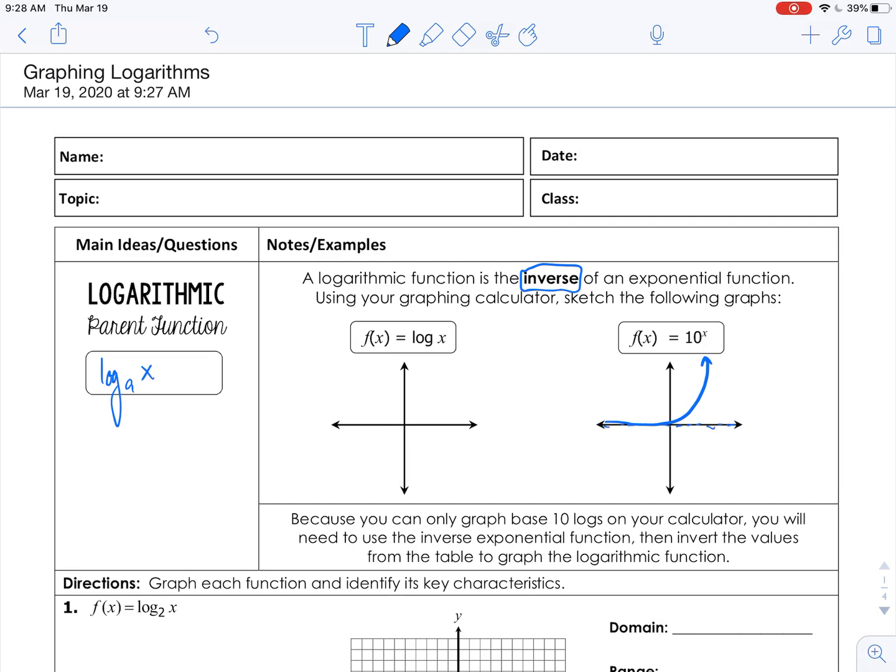Had our horizontal asymptote at 0, and if we do the log of x, that's going to look much more like that.